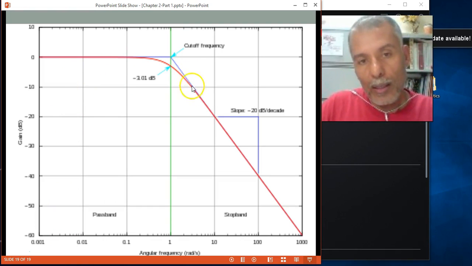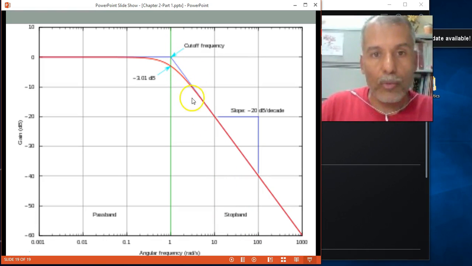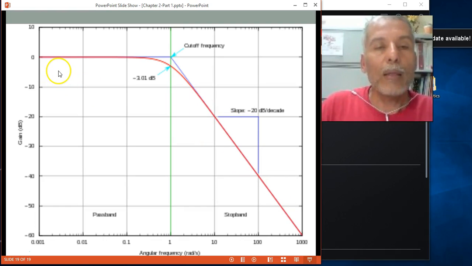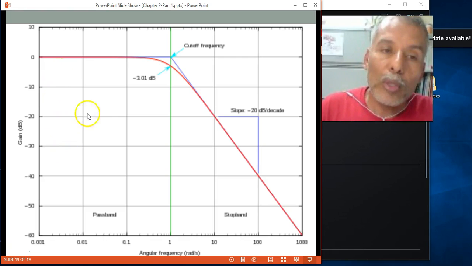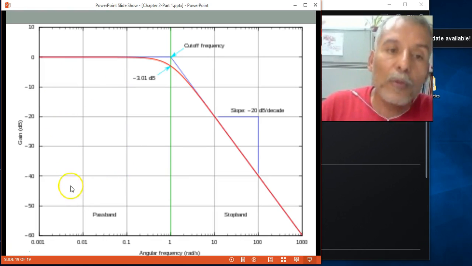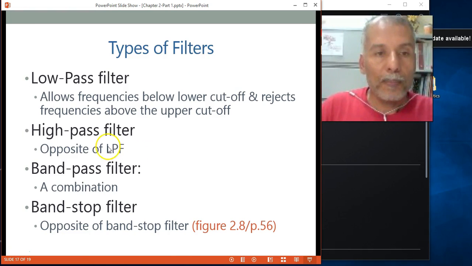And then on the right side, the higher upper cutoff, if it reaches a certain point, it's going to reject that afterwards. So again, low pass means it allows the low frequencies below the cutoff to pass through, to be amplified.